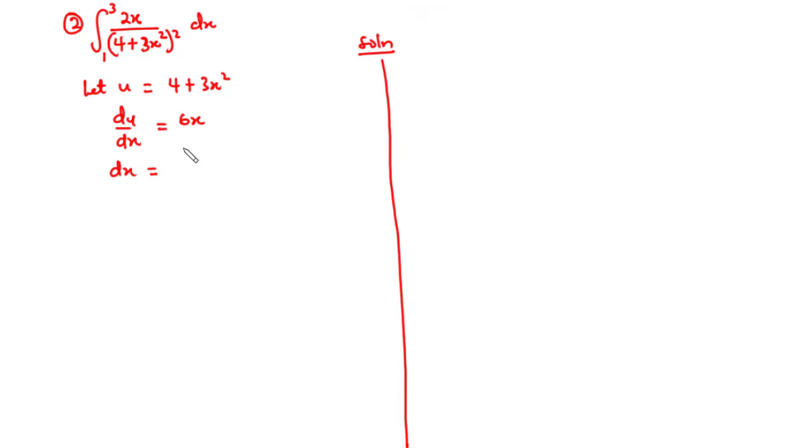Next, we can find an expression for dx. So that's going to be du divided by 6x. Now let's plug in the expression for u, and then dx into this integral.